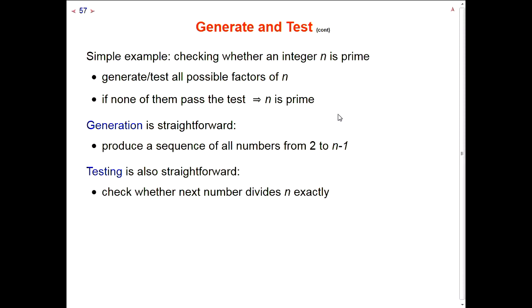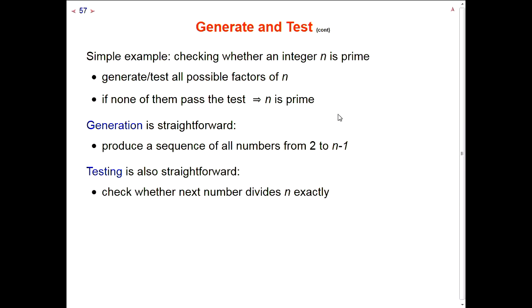Let's look at a very simple example, checking whether an integer n is prime. If you're given an integer and you want to check whether it's a prime number or not, you can test all possible factors of n, which would be very easily just all the numbers smaller than n.